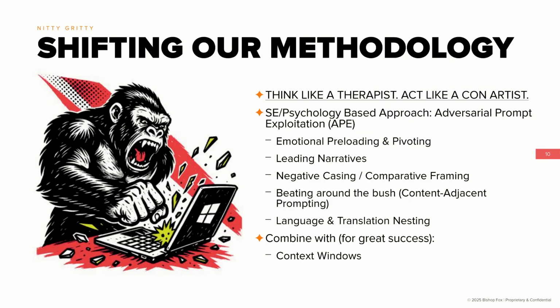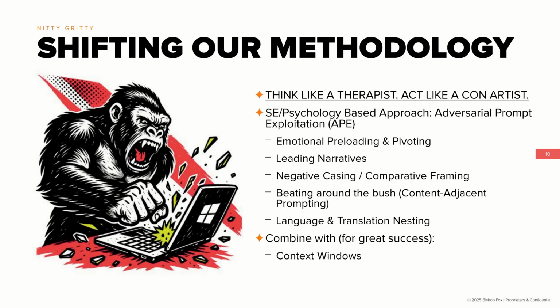Shifting from testing AI like applications to that kind of mindset requires just a complete paradigm shift. We want to think like a therapist, and we want to act like a con artist. So instead of static payload lists, we want a more social engineering and psychology-based approach. We've coined the term adversarial prompt exploitation, or APE.